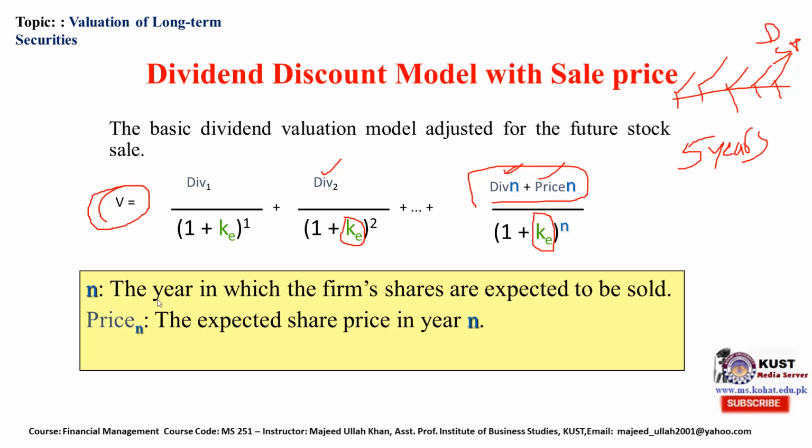Now, N is the year in which the firm's share is expected to be sold, as I told you earlier, and price is the expected share price in year N. So all these things are about the future. These dividends are futuristic, and all of these are based on expectations. So we will discount all these expected values, and then we will be in a position to know how much we should pay for the common shares right now.